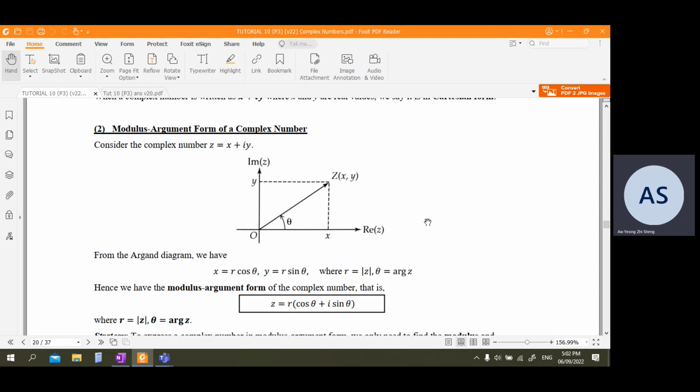So in this diagram, if point capital Z is the point representation of the complex number x plus yi, then the modulus of x plus yi will be the length of the vector OZ. Argument is the angle measured from the positive x direction towards the slanted line.